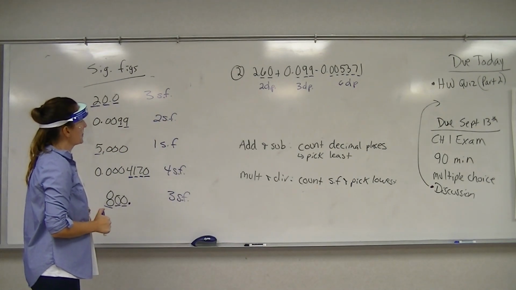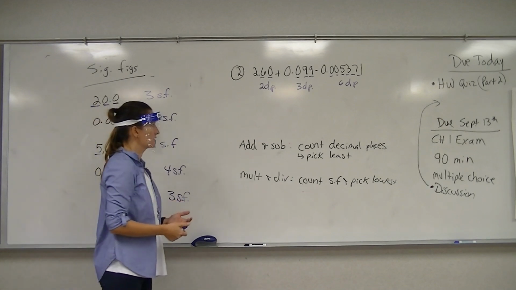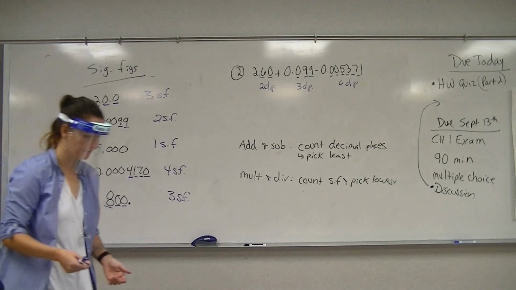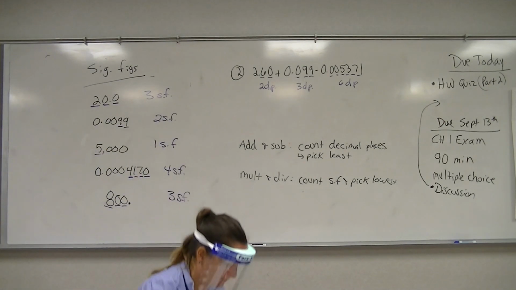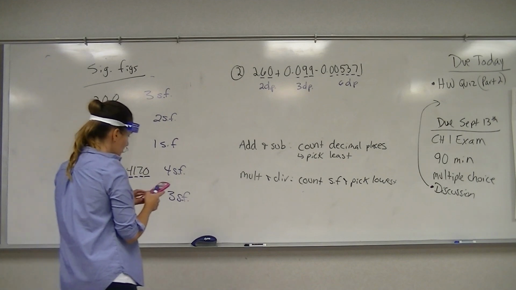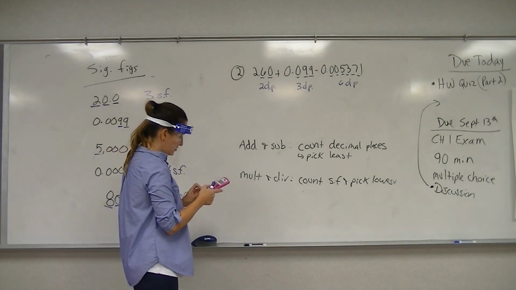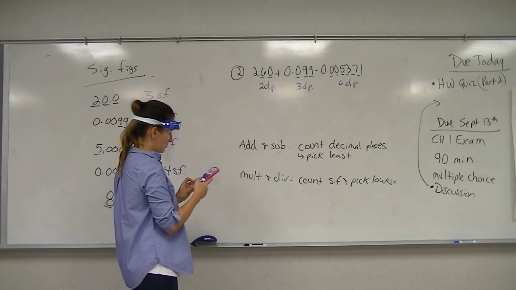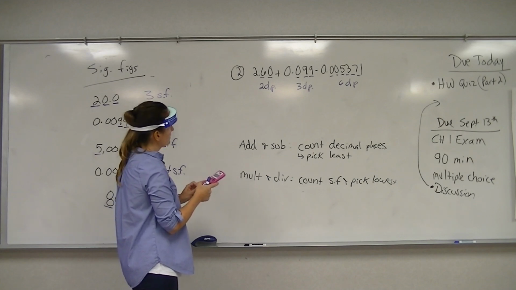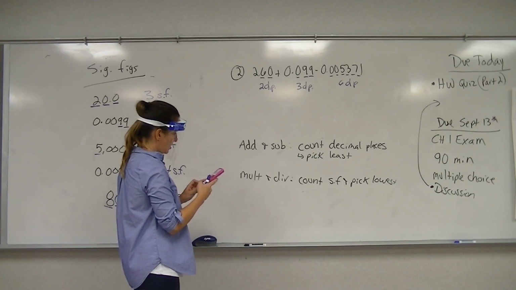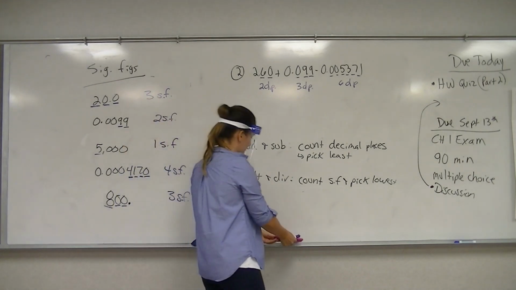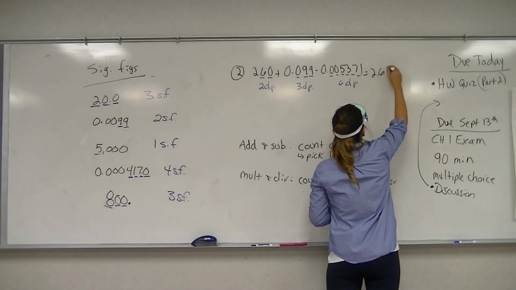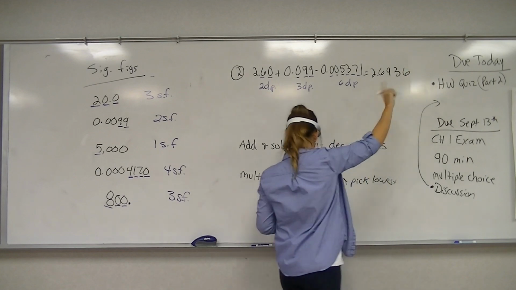All right. So now when we calculate our answer, I have my calculator here somewhere. Once you calculate this out, you want to round to 2 decimal places. All right, so I get 2.6936 something or other, and a couple other digits after that.